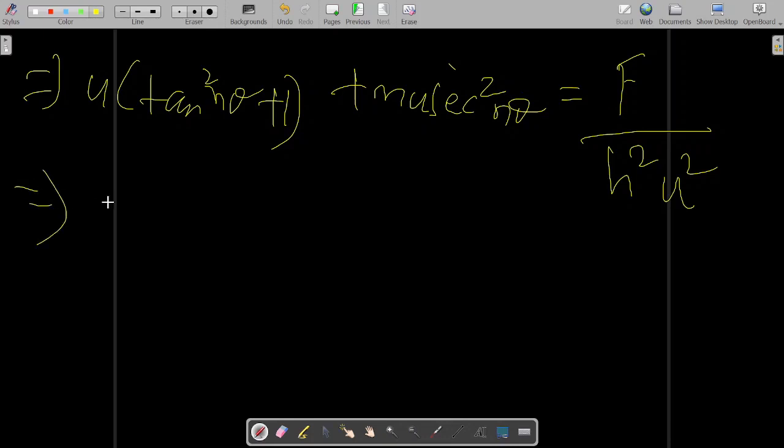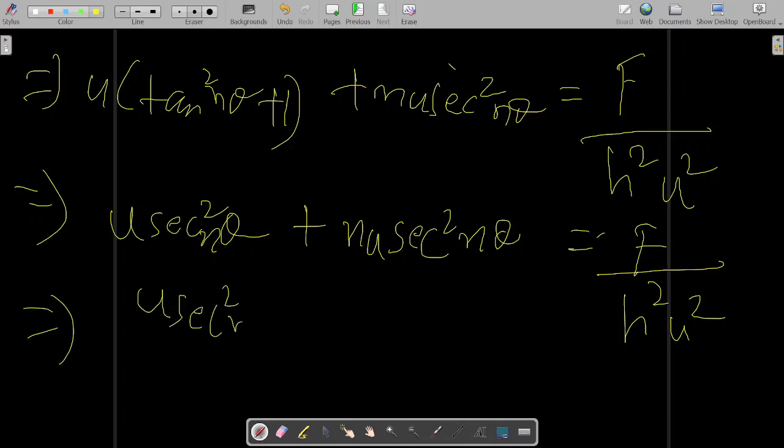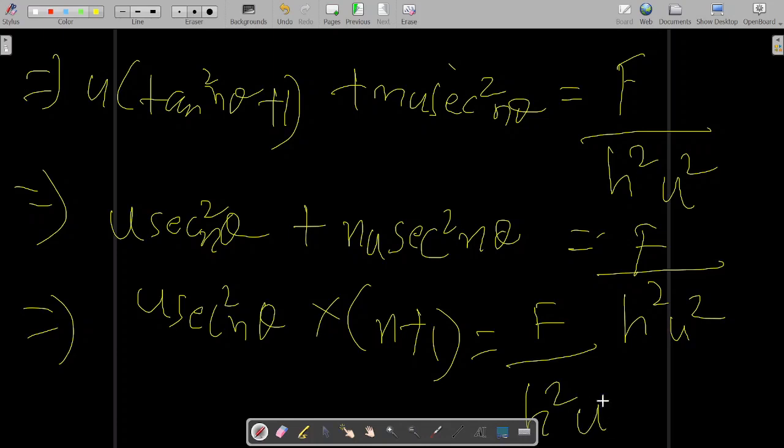What do you get? 1 plus tan square nθ is equal to sec square nθ, plus nu sec square nθ, and from here you have f divided by h square u square. So from here you take u sec square nθ as the common factor, and multiplication n plus 1, is equal to f divided by h square u square.